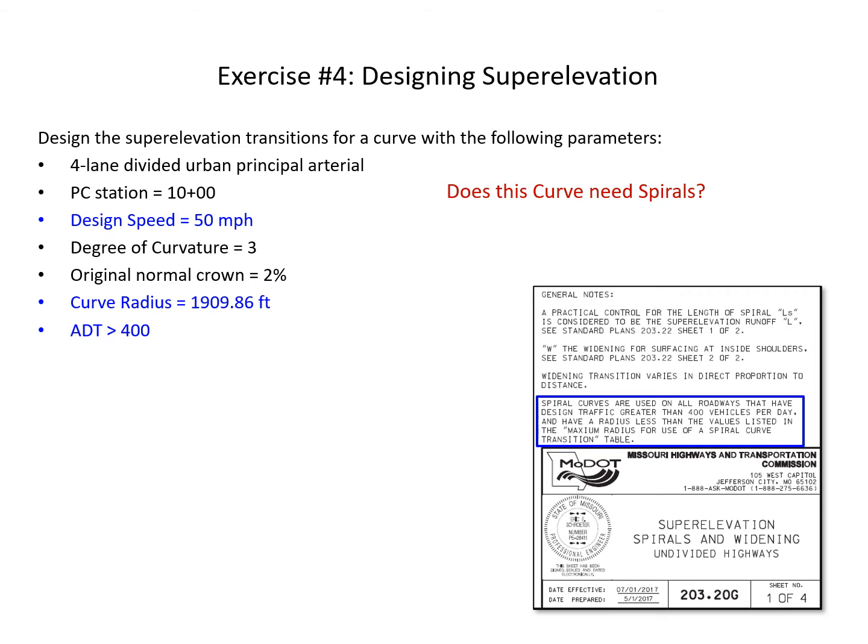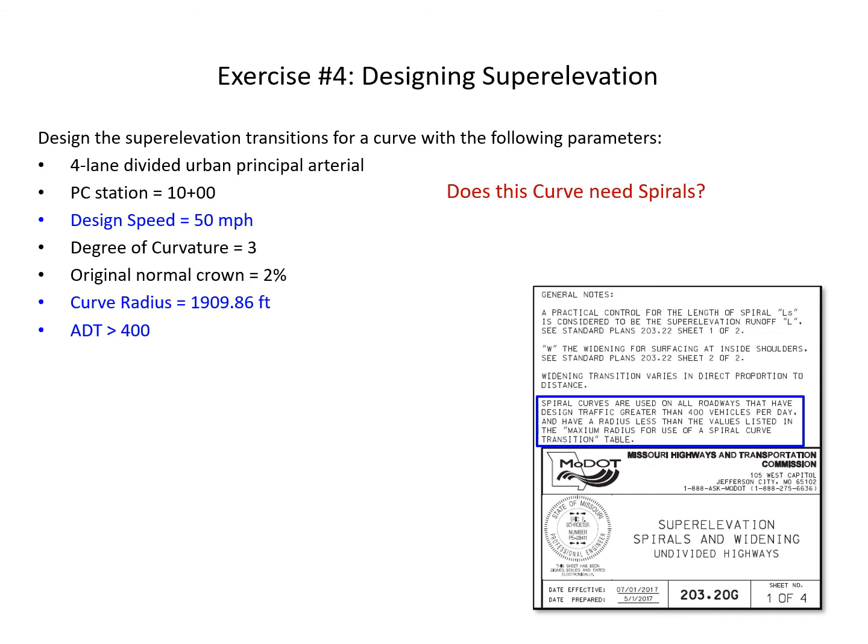Spiral curves are used on all roadways that have a design traffic greater than 400 vehicles per day. In this example, we do have our ADT greater than 400 vehicles per day, and have a radius less than the values listed in the maximum radius for use of a spiral curve transition table.